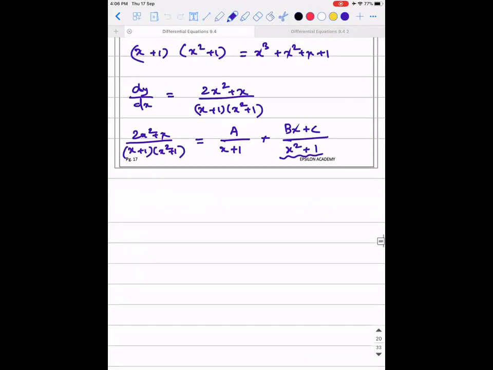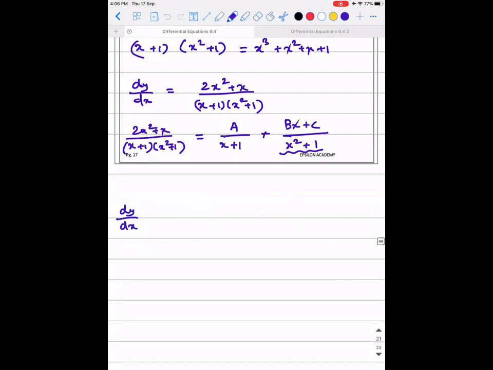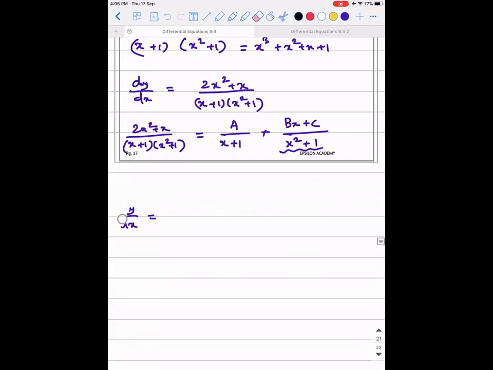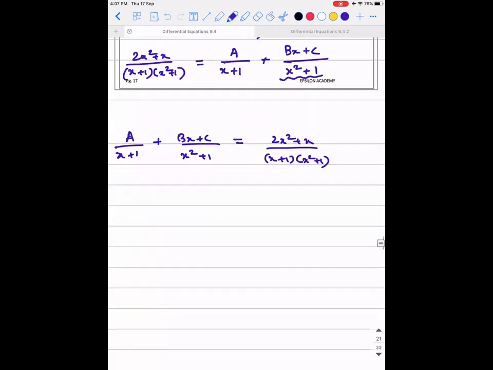Now listen. So dy by dx will be equal to A divided by x plus 1 plus bx plus c divided by x square plus 1, when this is equal to 2x square plus x divided by x plus 1 into x square plus 1. Tell me the values of a and b. So A into x square plus 1 plus bx plus c into x plus 1 is equal to 2x square plus x, no?